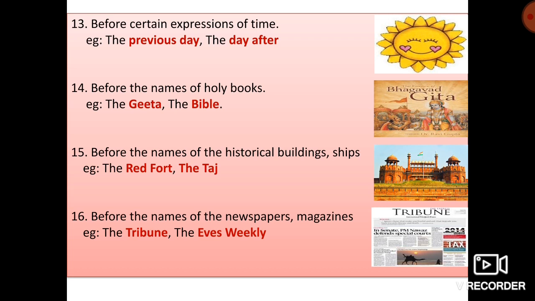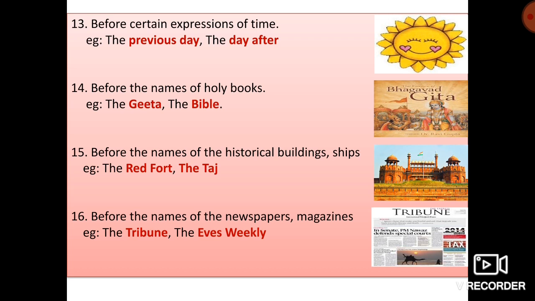Next, before the names of holy books. For example, the Gita, the Bible, the Quran, etc. Next, before the names of the historical buildings or ships, like the Red Fort, the Taj.